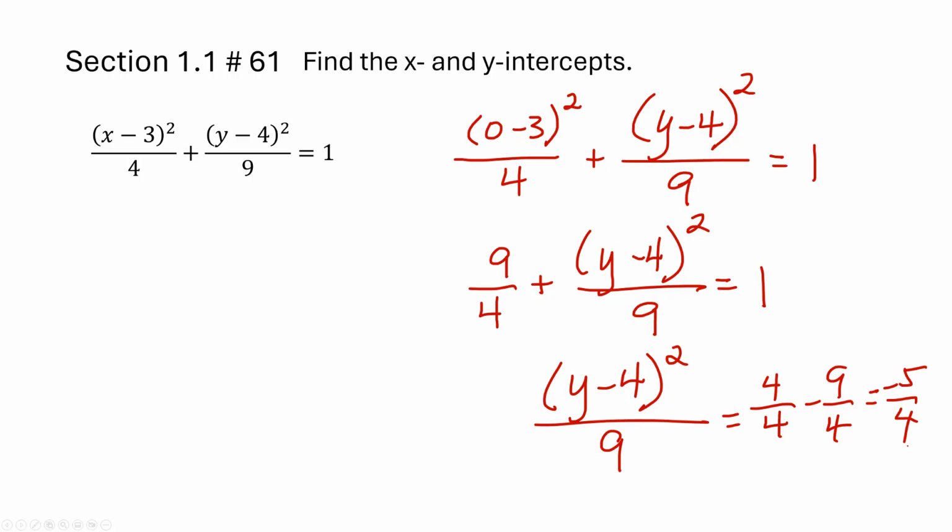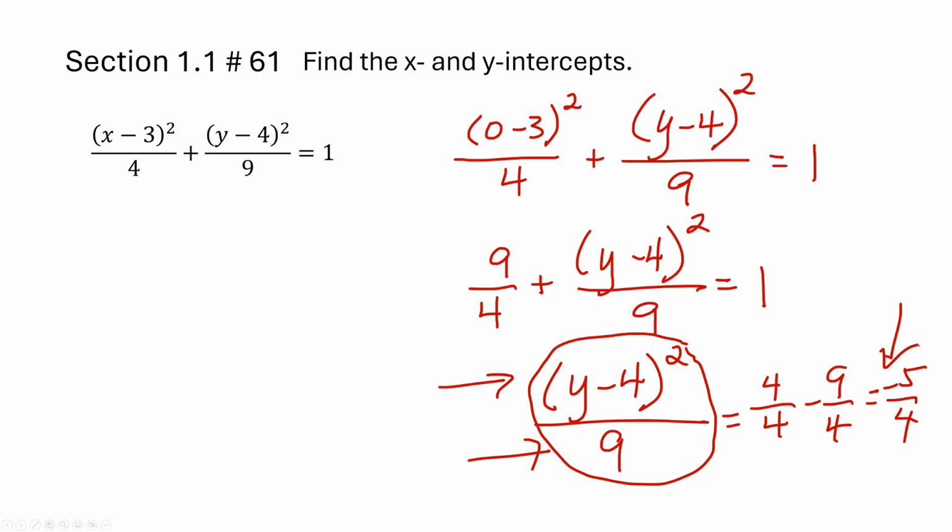This is where you're going to see that you have a contradiction, because in this fraction, which is supposed to equal negative 5/4, the numerator is a perfect square, which means it is definitely positive, and the denominator is 9, which is positive. So you have a positive over a positive, and it's supposed to equal negative 5/4.